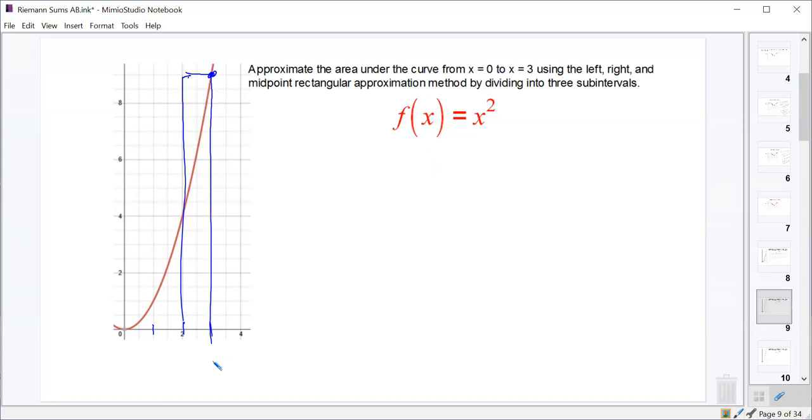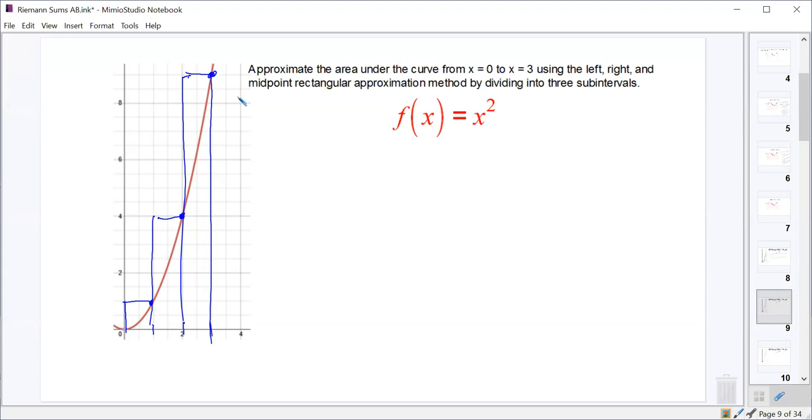Hey, that was a pretty good rectangle for how tall it was supposed to be. Then the next one, the function's value at x equals 2, is 4. So we'll have this rectangle, and then at x equals 1, we'll have this rectangle. Everybody good with that? Hopefully so.